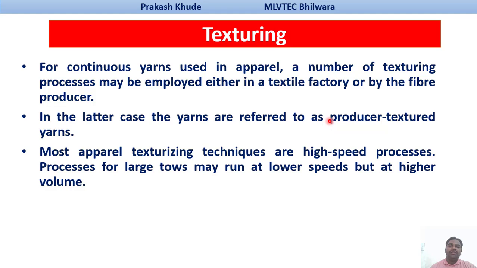For continuous filament yarn used for apparel, a number of texturizing processes can be employed, either in the textile industry or by the fiber producers. In the latter case, the yarns are referred to as producer textured yarns. Most apparel texturizing techniques are high-speed processes, while processes for large stores may run at low speed but at higher value.